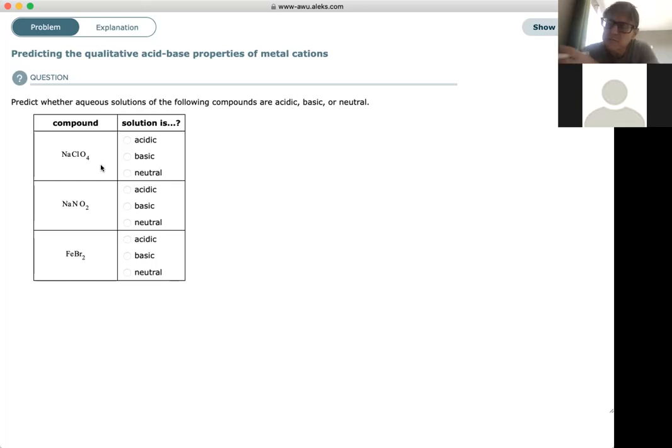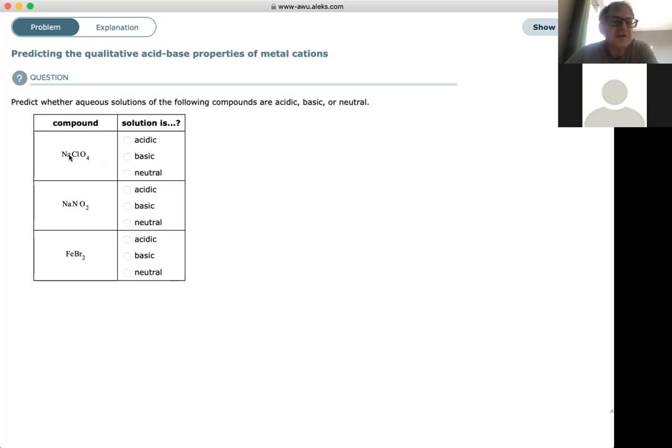It has built within it an acid and a base. They're conjugates. So the only issue is which one is stronger. If the conjugate acid in the salt is stronger than the conjugate base, it'll be acidic. If the conjugate base is stronger than the conjugate acid in the salt, it'll be basic. And if they're equal, it'll be neutral. Remember, neutral is pH 7.